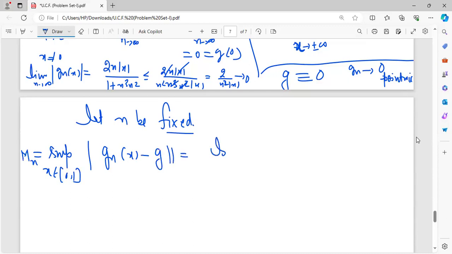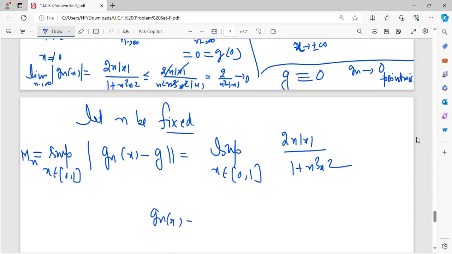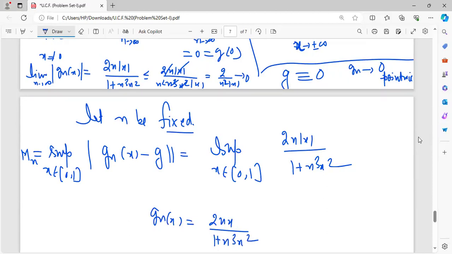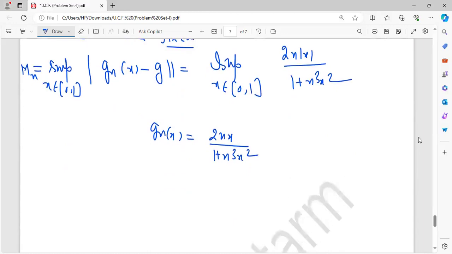It means the supremum of 2nx upon 1 plus n cube x square. But this is an even function. So take the derivative of this function and calculate the critical points.